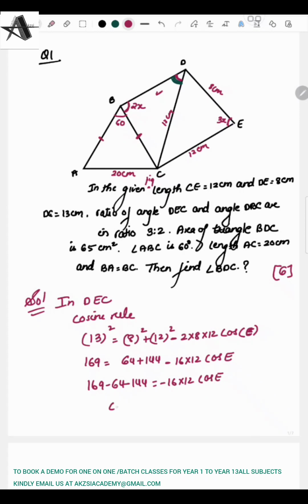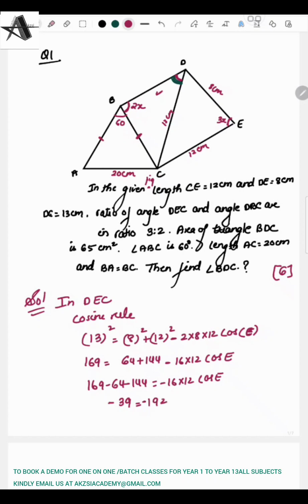From here I can say cos E is equal to, or let me just write down that this whole will be negative 39. I'm not simplifying this one, though I can. 16 into 12 gives you 192.